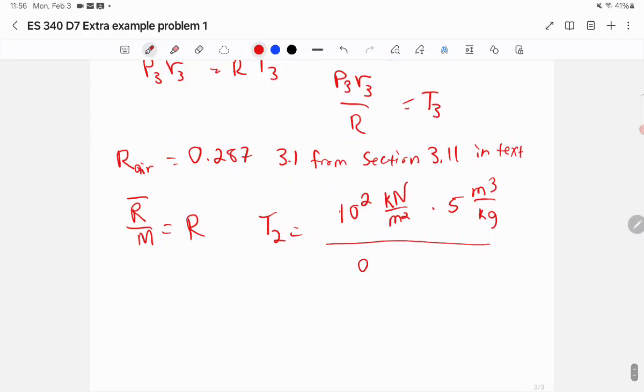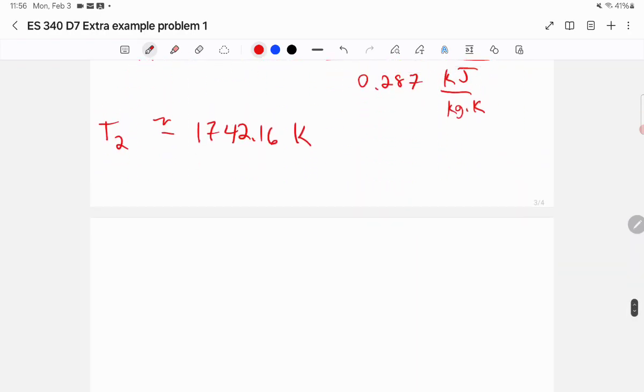And divide that by 0.287 kilojoules per kilogram times Kelvin, and that comes up with T2 approximately equal to 1742.16 Kelvin.